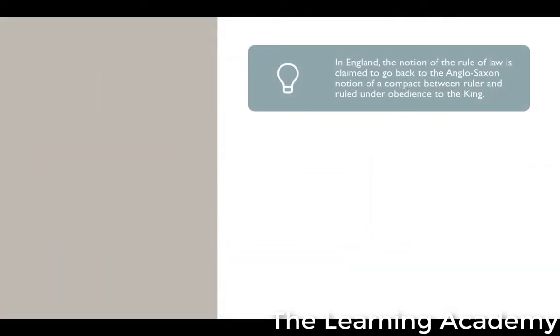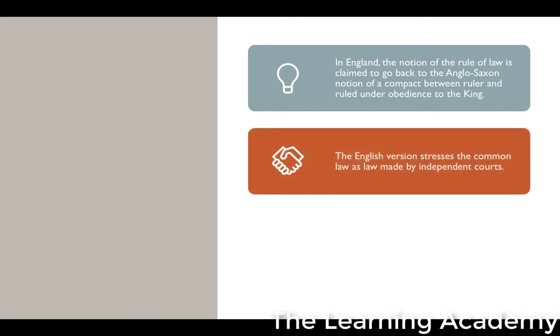So in England, the notion of the rule of law is claimed to go back to the Anglo-Saxon notion of a contract between the ruler and the ruled under obedience to the king. The English version stresses the common law as law made by independent courts.